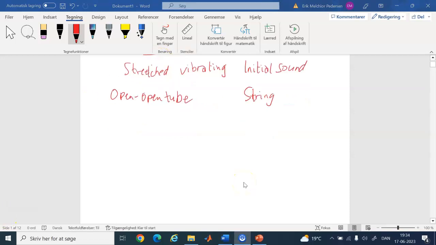We have, for instance, a wall and a pulse coming.